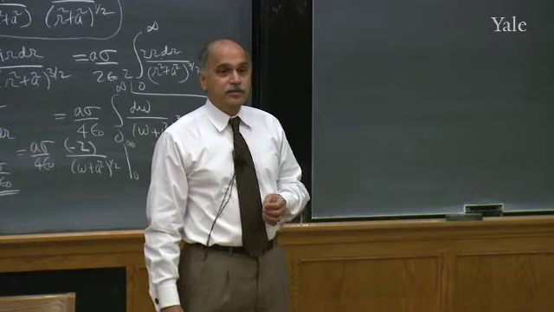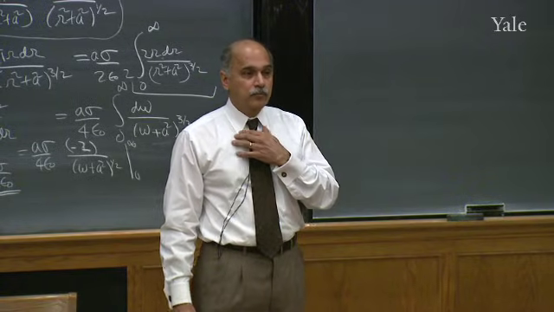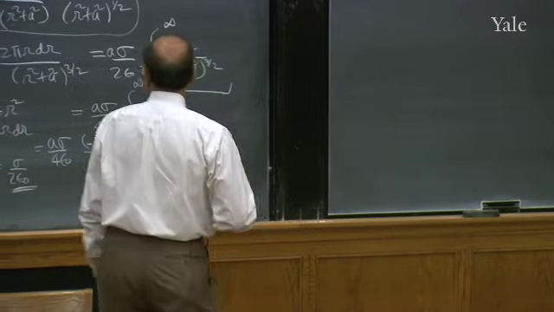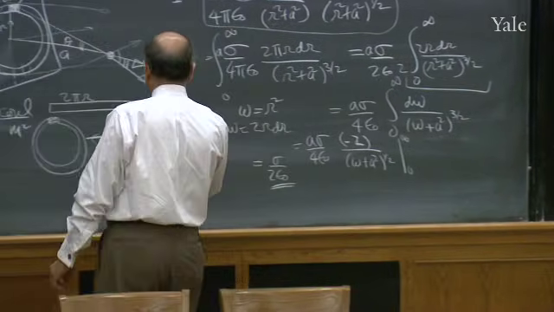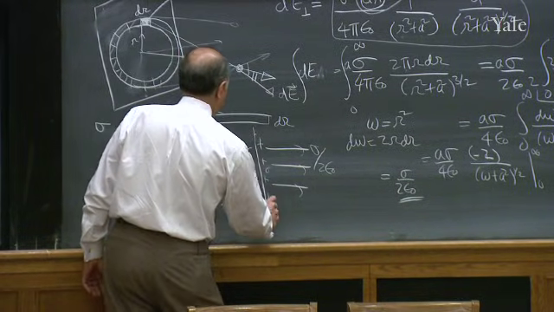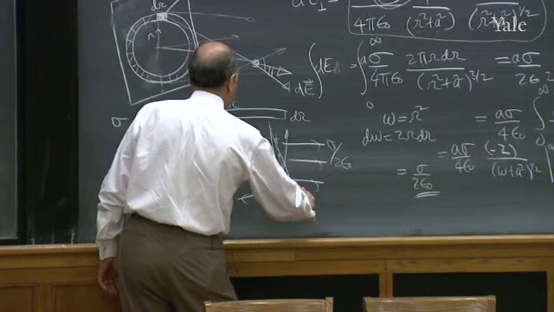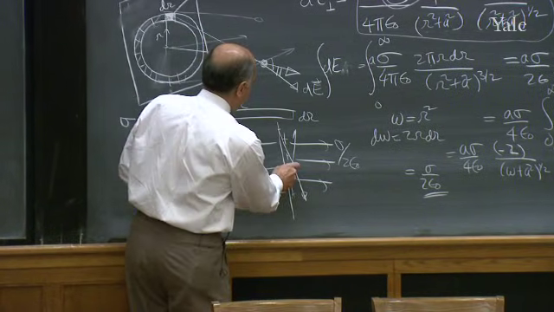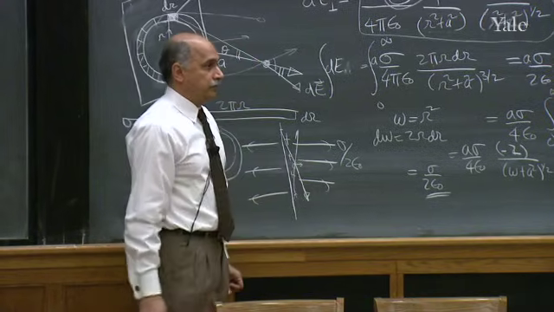Yes, any ideas? For example, if you go very close to the plane, what happens? If you go really close to the plane, the field due to any section here looks like this. Therefore, the part that's useful is very small.